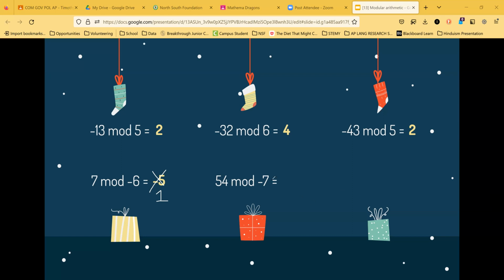It is 5. So 54 mod negative 7, we would find the greatest multiple of negative 7 that is less than 54, and that would be 49. And the number we would have to add to 49 in order to get 54 is 5. The answer is incorrect here, though, so let me just change that. Okay, and then last one. What is negative 5 mod negative 2?